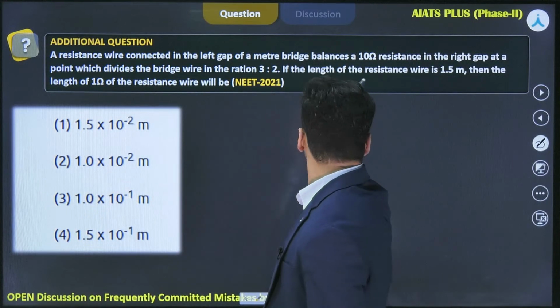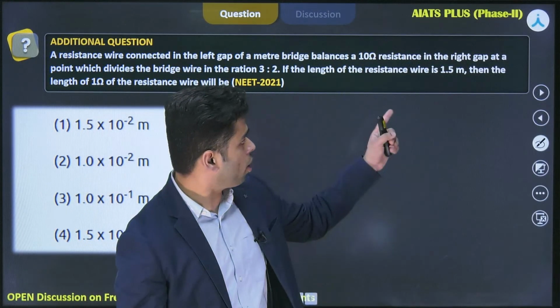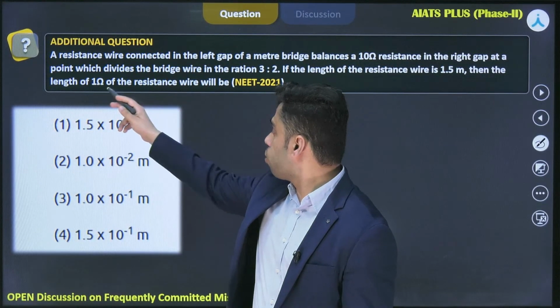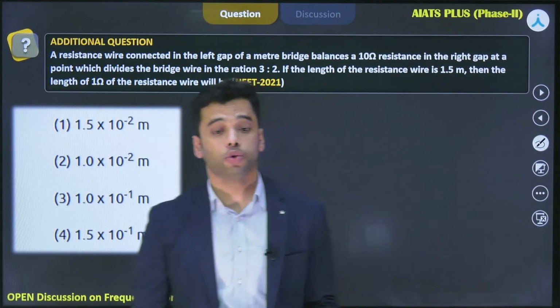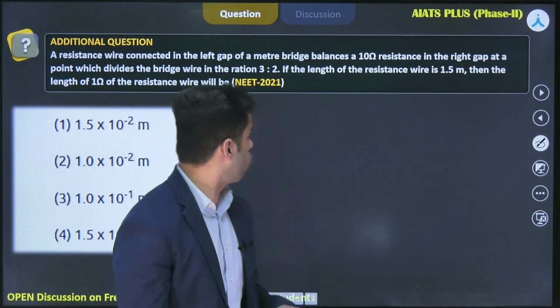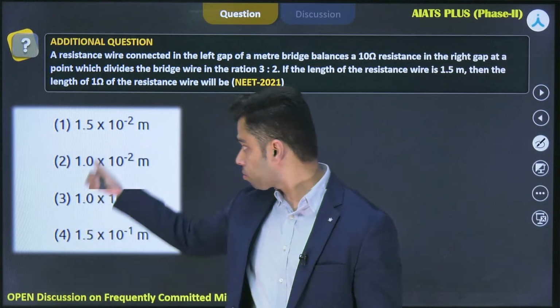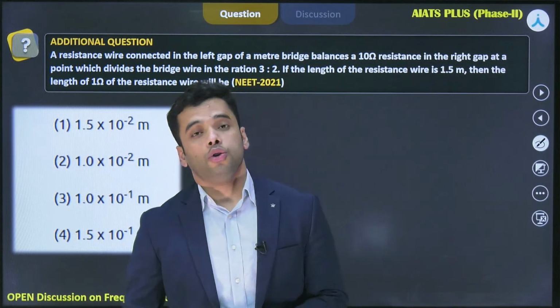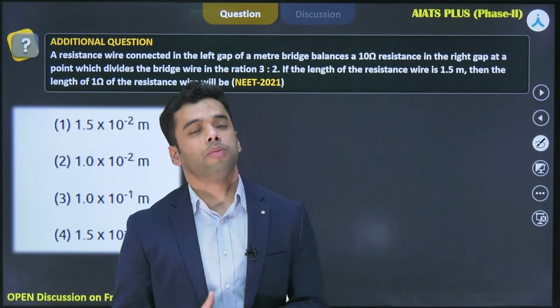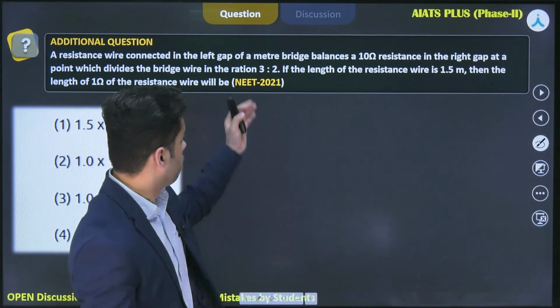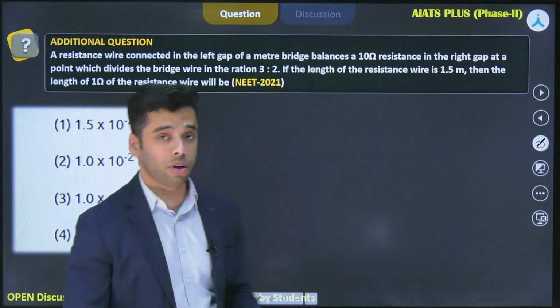If the length of the resistance wire is 1.5 meter, then the length of 1 ohm of the resistance wire will be. So you need to find the length of 1 ohm of the resistance wire, and you have been given 4 options like this, right? So the problem is very similar to the problem that we did before. You can see that it is dividing in the ratio 3:2.